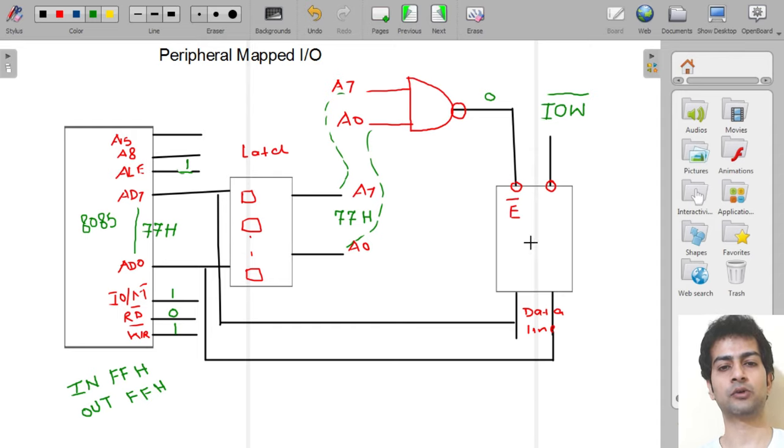So now this output device is activated, but now we want to write data into this. So the status of control signals will be something like this: 110. So now our input output write control signal will get activated, and now the data which is at the microprocessor will come, and it will get stored in the output device using this path.